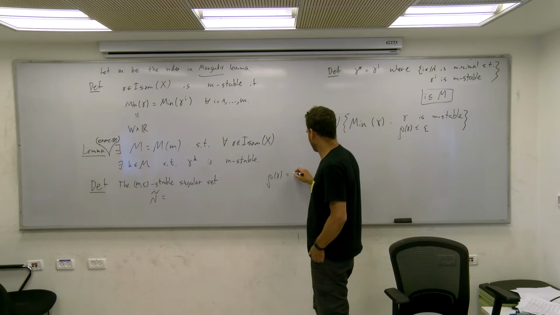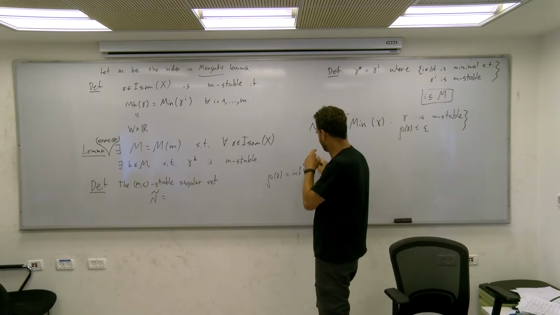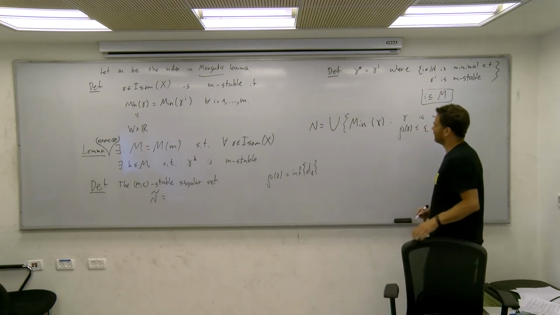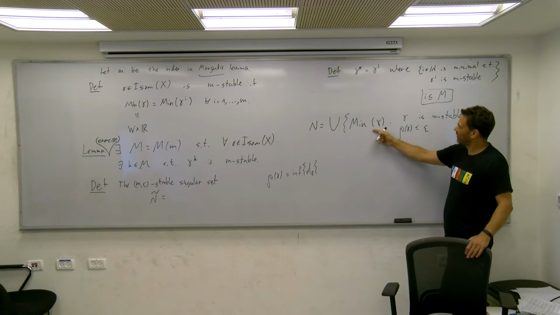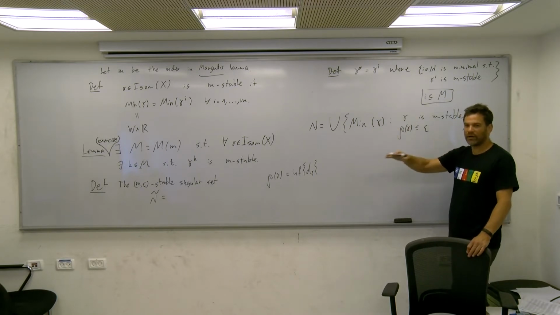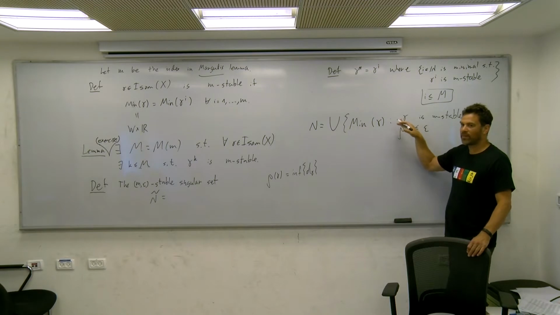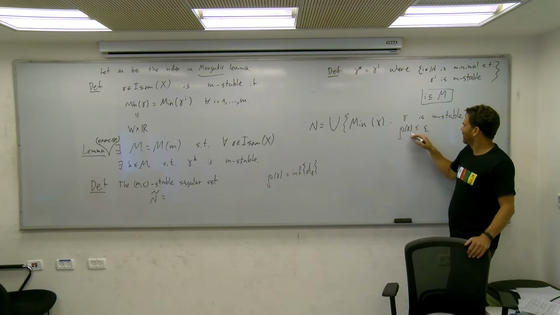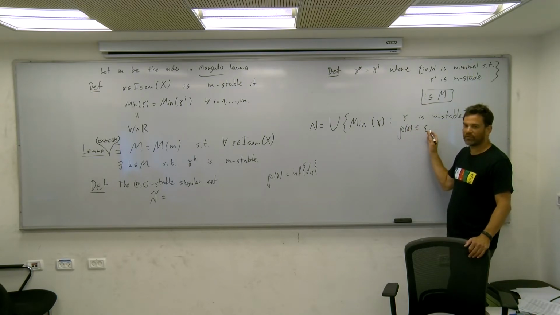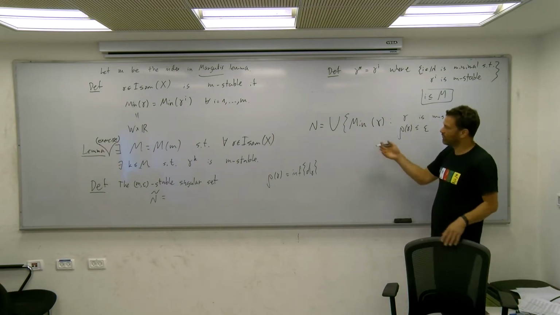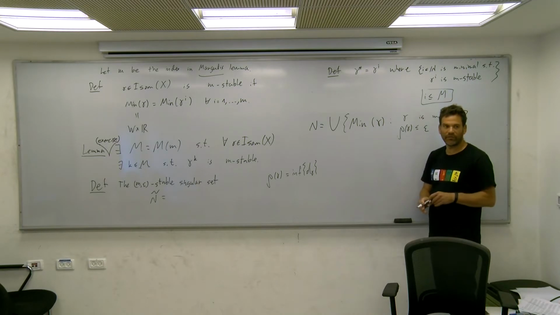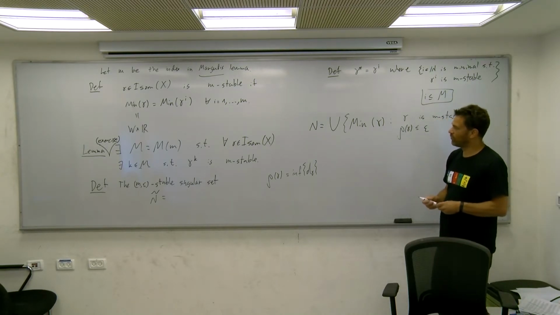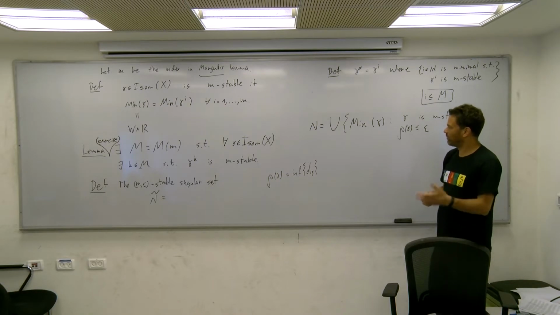Rho of gamma was the infimum of the displacement. Okay, so I throw out minimal sets of m stable elements where the displacement is less than epsilon. So it's a locally finite union because Gamma is discrete and the action is proper, G acts properly, and the stabilizer of each point is compact.